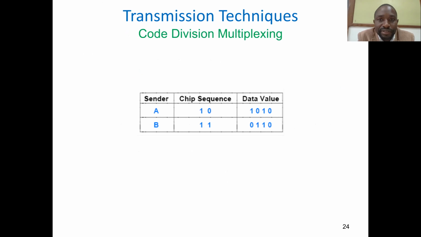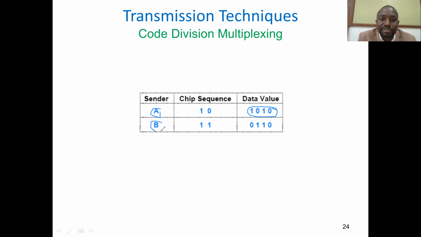For the illustration of code division multiplexing in this diagram, you will notice that we have a situation where, say, we have sender A. Sender A is given a unique code, 10, and he's sending that data. And as he's sending this data using a unique chip sequence, there will be no interference or noise from sender B, who equally has a different unique code for transmitting the data.